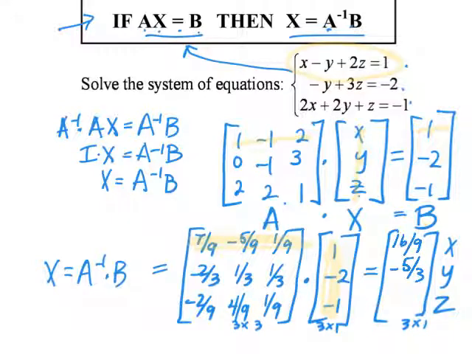And the last, -2/9 minus 8/9 minus 1/9 is minus 11/9. Now, feel free to also use the calculator to multiply the matrices.